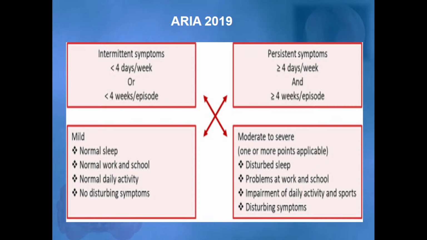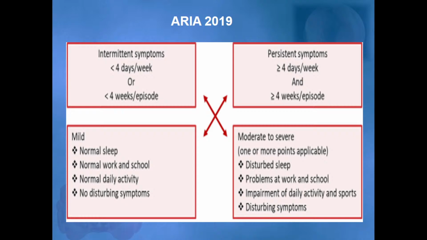It's a classification from 2019, but it's still actual. And here you can see that allergic rhinitis is divided into two main forms, intermittent and persistent.